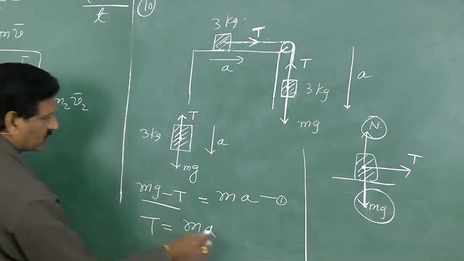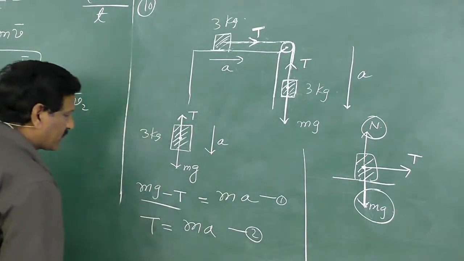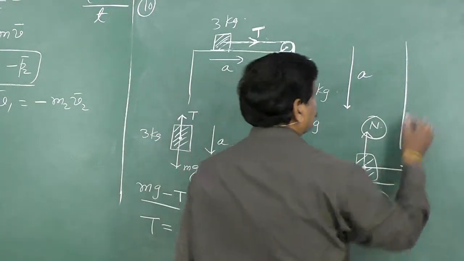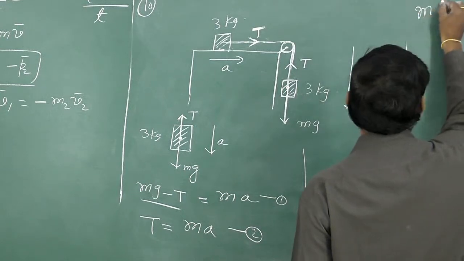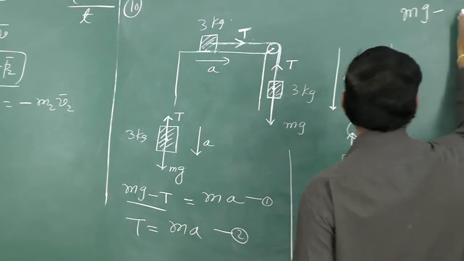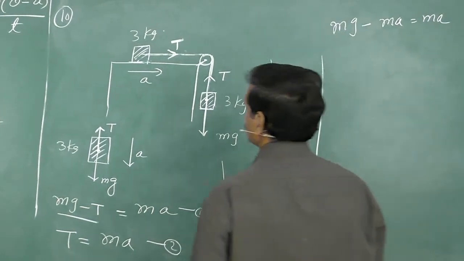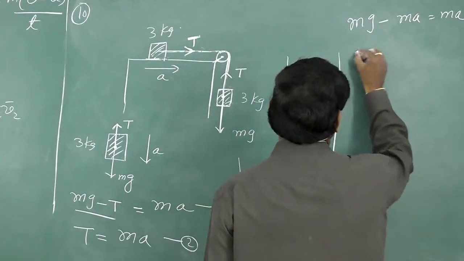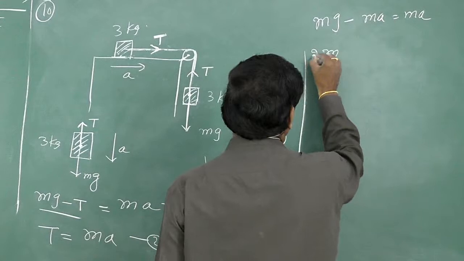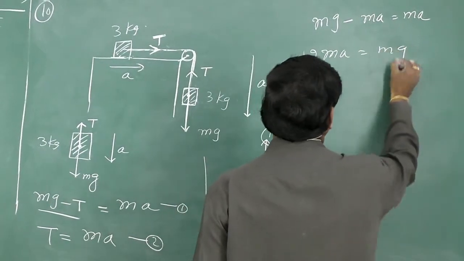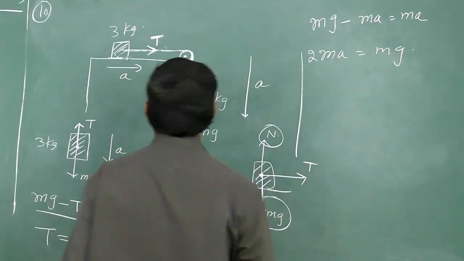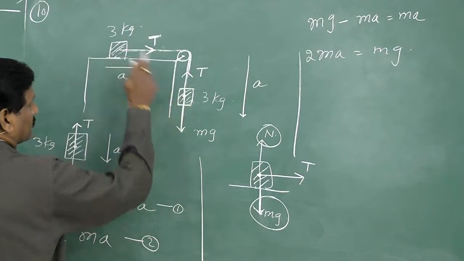So from equations 1 and 2, you can write mg minus ma is equal to ma. So you can write 2ma is equal to mg, because here both the masses are the same.